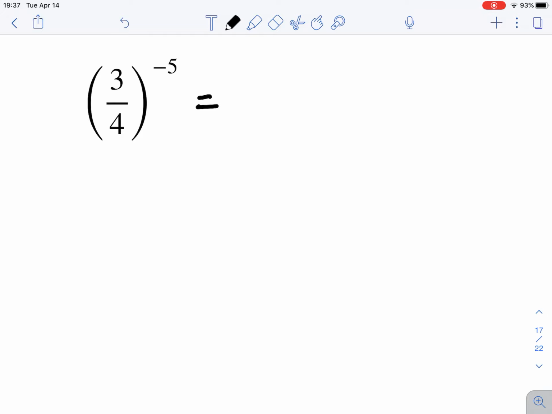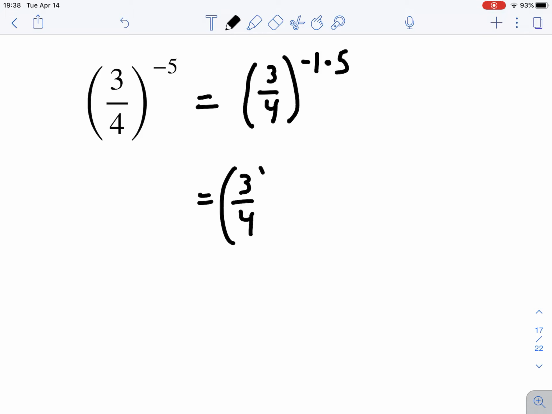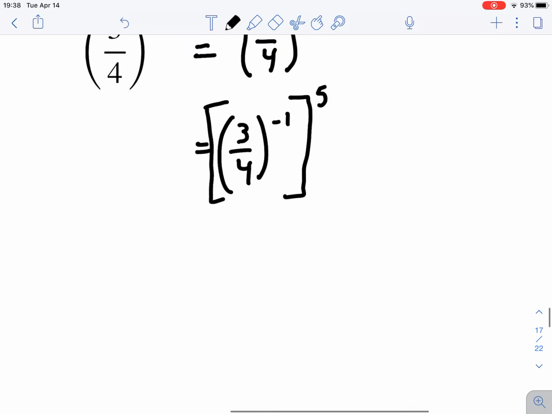So we've got 3/4 to the negative 5. So I can rewrite this as 3/4 to the minus 1 times 5. No, I lied here. I'm going to do the reciprocal first, and then we'll do the power of 5. So I can rewrite this as 3/4 to the power of negative 1 all to the power of 5.